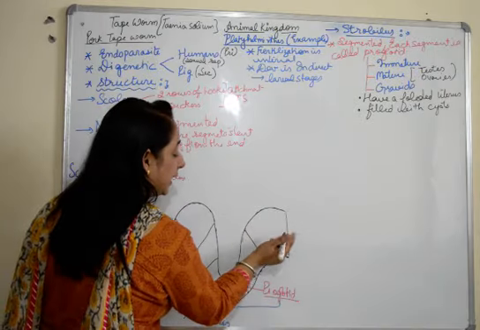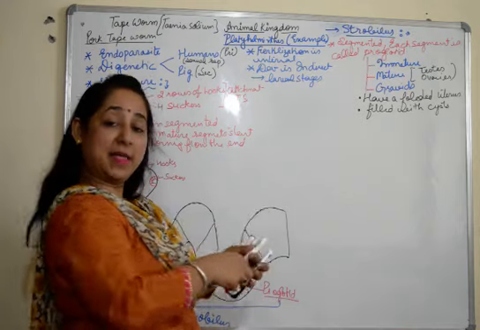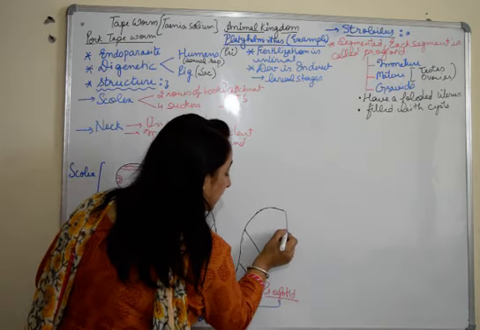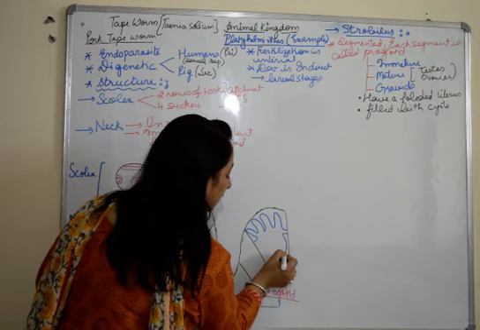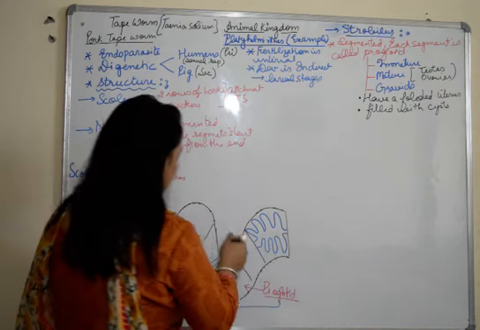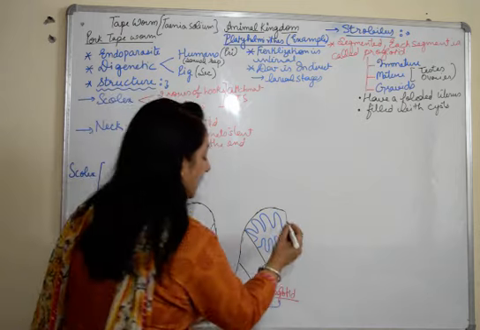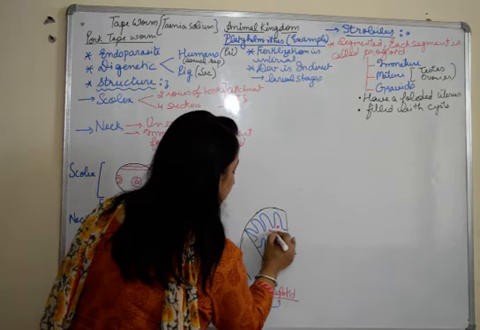So suppose this is a gravid proglottid, the last ones are the gravid proglottids. Inside the gravid proglottid there is this folded uterus, and this folded uterus is filled with the cysts.